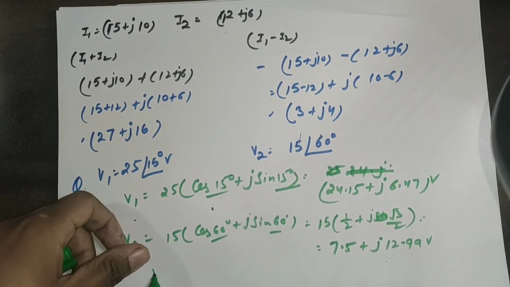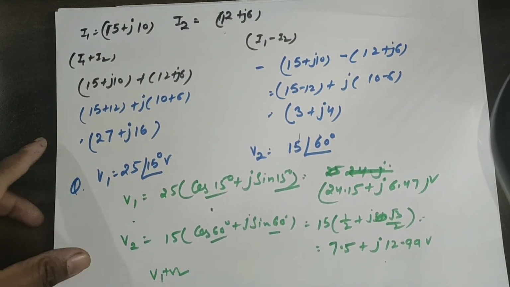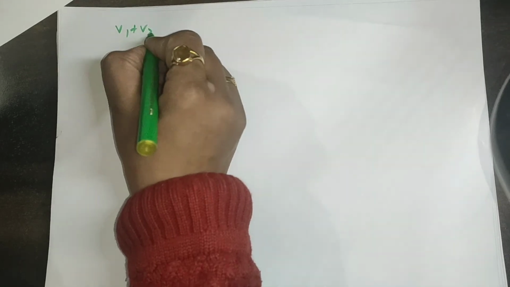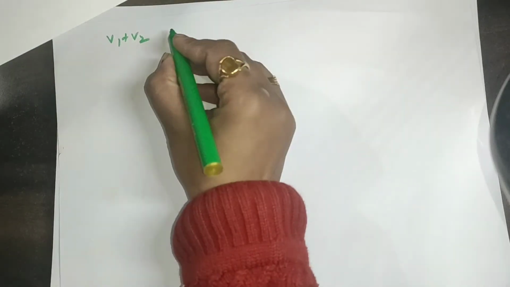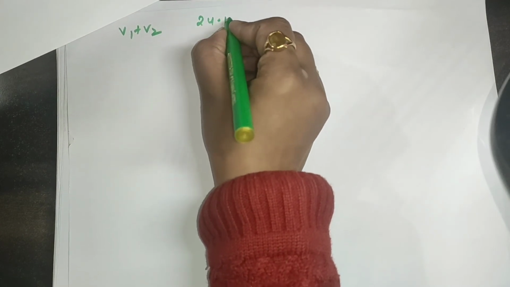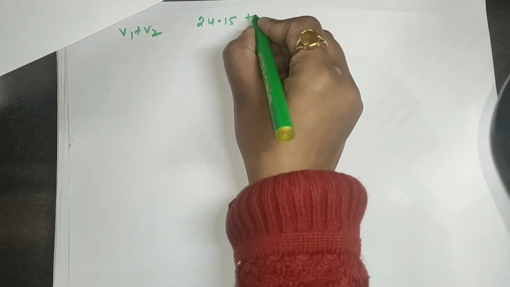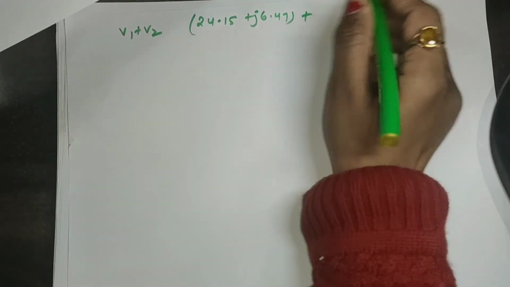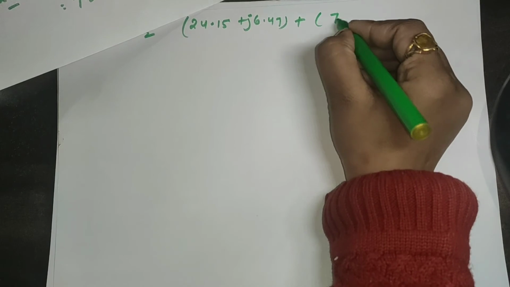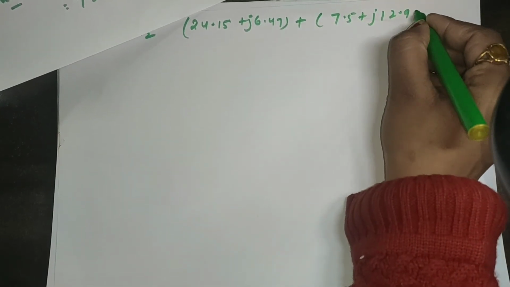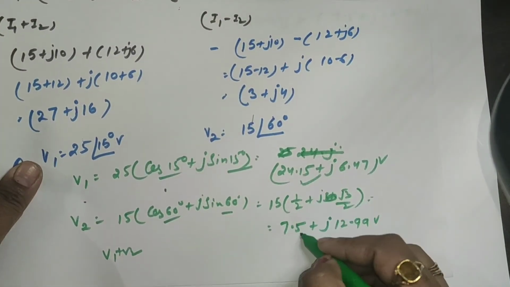Now you can get V1 plus V2. So V1 is 24.15 plus j 6.47 plus V2, that is 7.5 plus j 12.99, which we are getting from this.